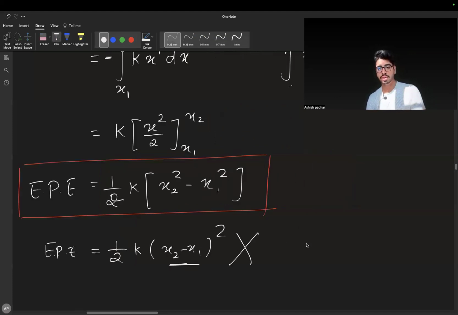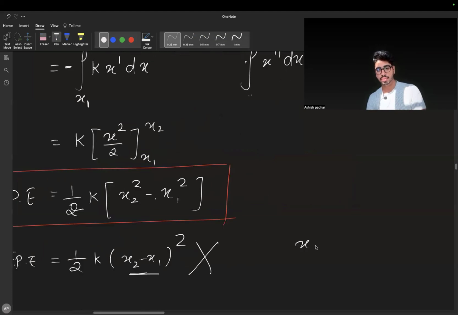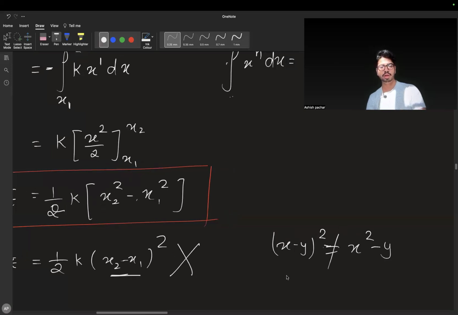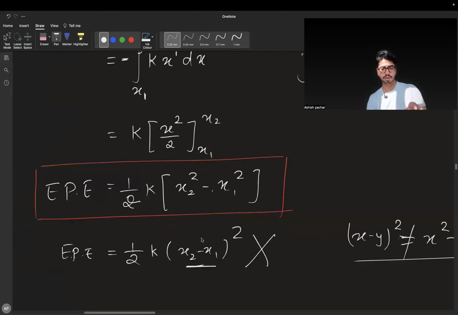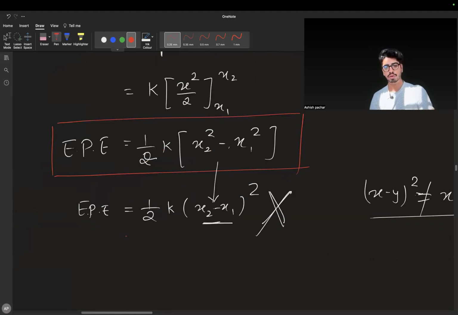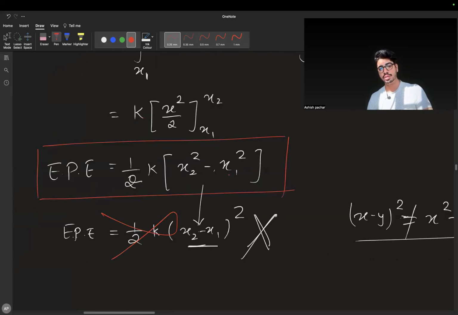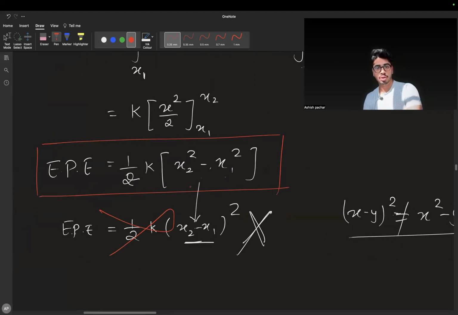They are not equal, so you can't write it like this. Again, this is wrong. You have to write it like the formula above, or find the final potential energy minus the initial, and that is how you approach it. Hopefully understood.